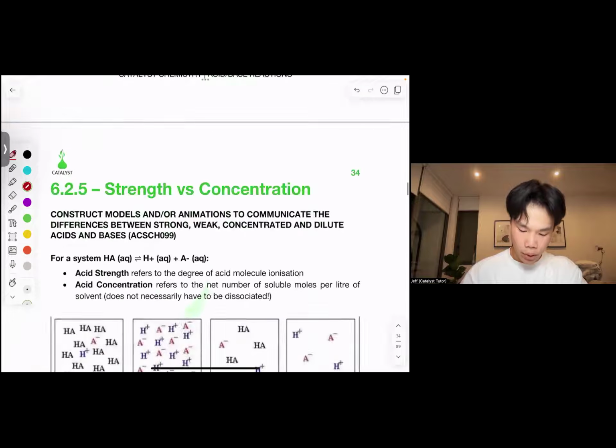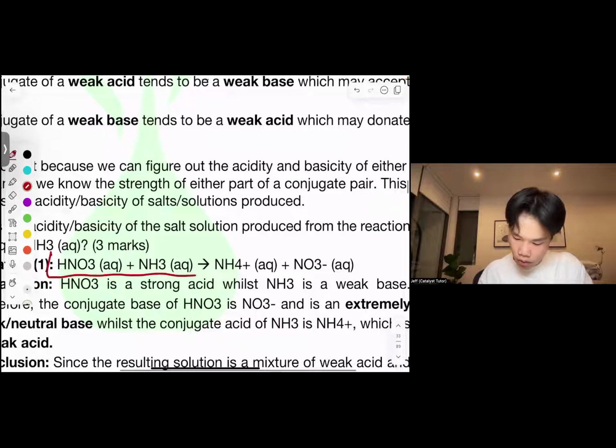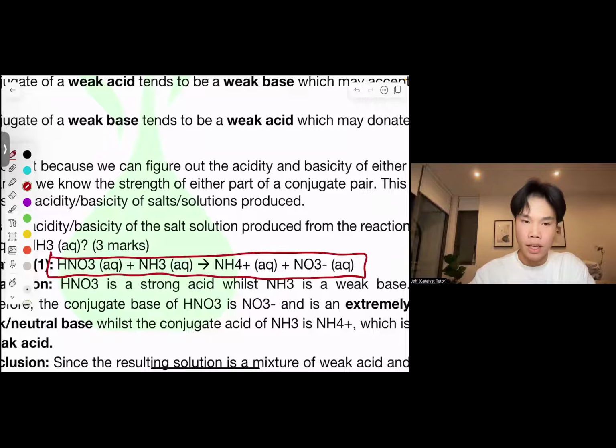So if we look at an equation such as this one, HNO3 reacts with NH3 to make NH4 plus and NO3 minus. The typical question they'll ask is what's the strength or what's the acidity of the solution you produce? Or what's the basicity? Is it acidic, basic, or neutral?